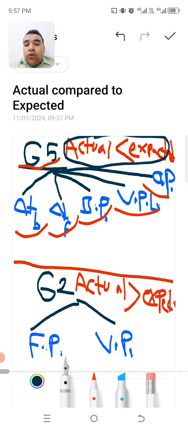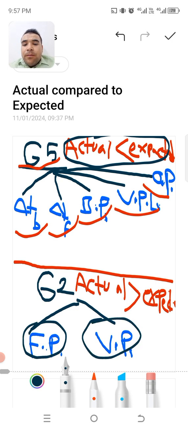But group 2, which are the freezing point and vapor pressure of the solutions, as you know, change inversely with the molality, with the concentration. So whenever the question asks about these two, their actual value should be higher than the expected values.